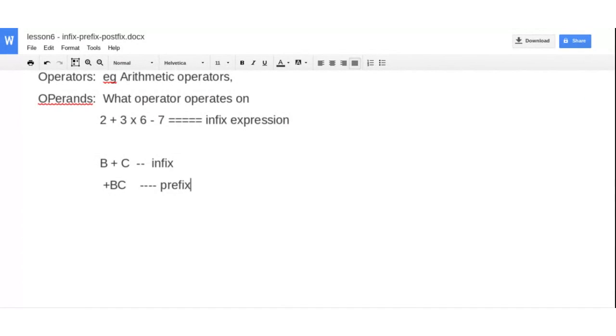And of course, the other one is a postfix, where you write the operator behind its operands. Or we can use the words left and right. So in prefix, the operator is to the left of its operands, and in postfix, the operator is at the right of its operands.